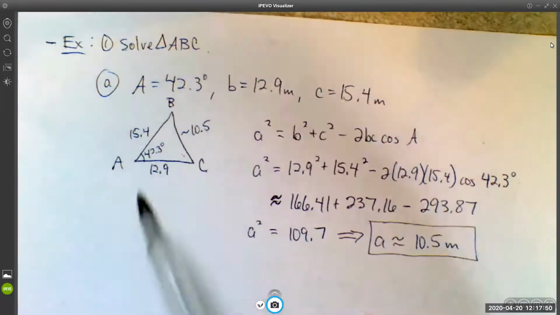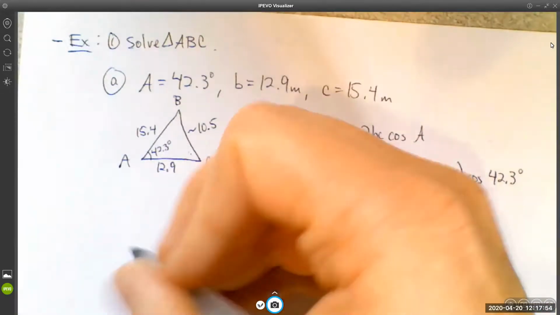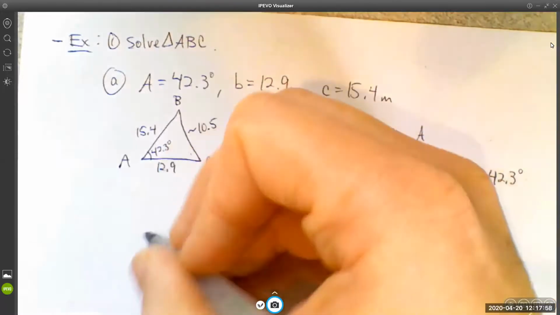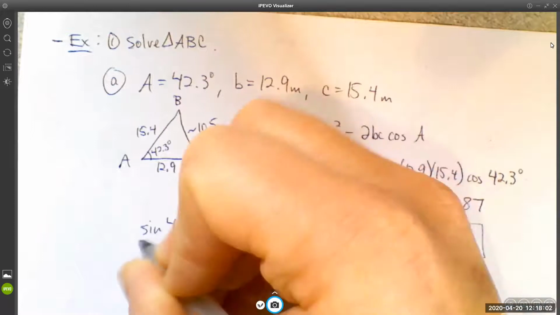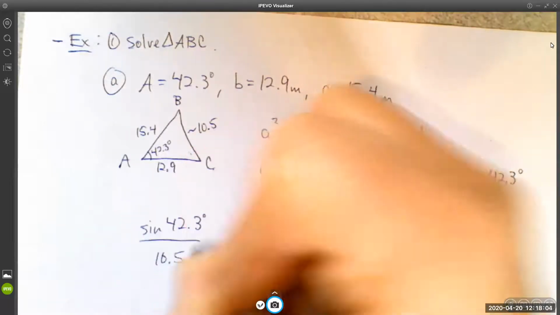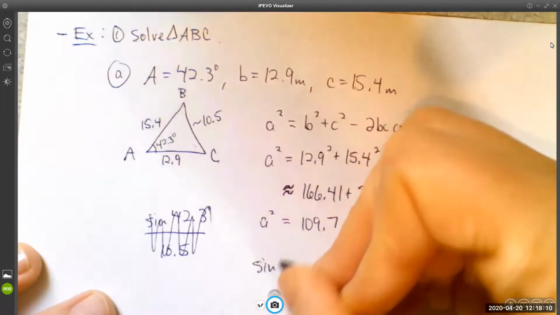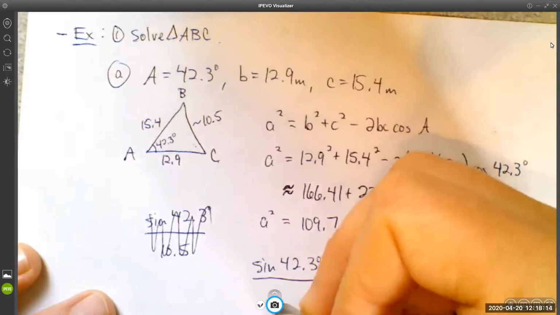law of sine now. I'm going to say sine 42.3 degrees over 10.5. Oh, I wrote this too high. One of these days I'll get the hang of writing on this little dot cam.